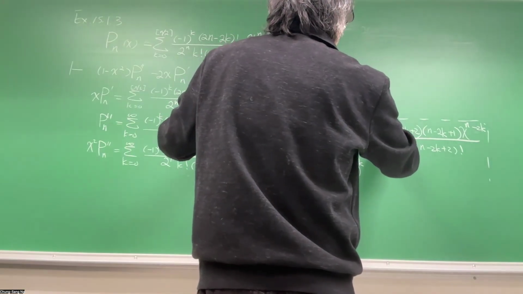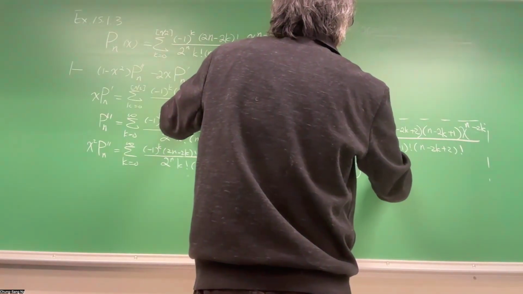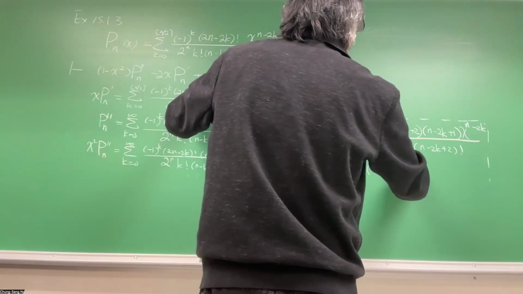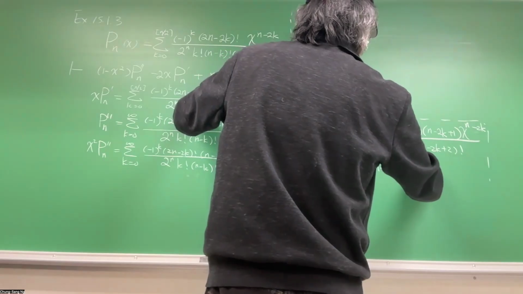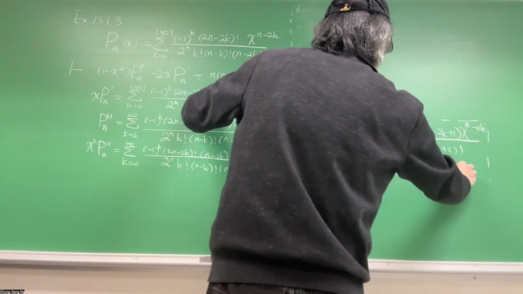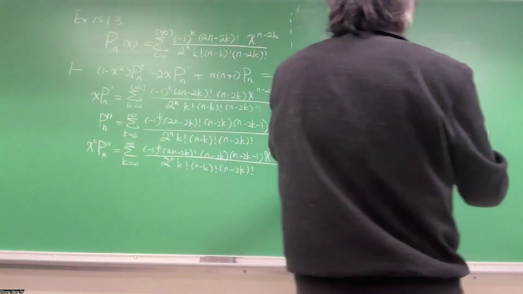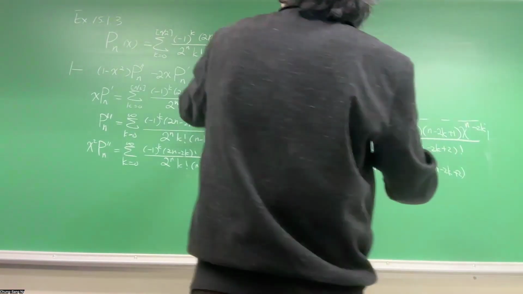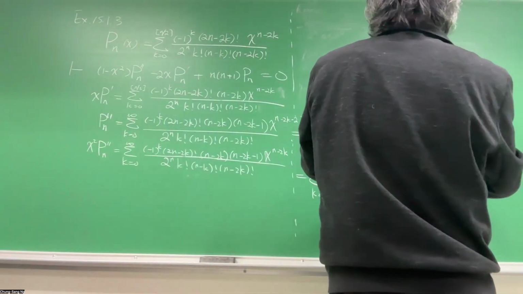So to get back to that, you have 2n minus 2k factorial multiplied by 2n minus 2k plus 1, 2n minus 2k plus 2. I only need that. The rest is just the same.